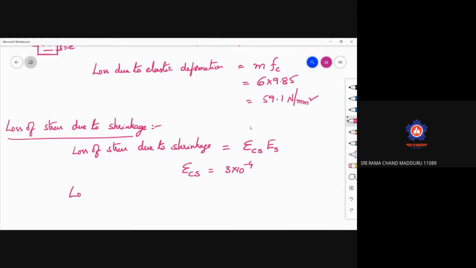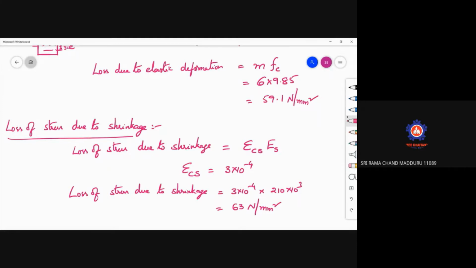So the loss of stress we can calculate directly, as it is given in the problem. So 3 into 10 power minus 4 into 210 into 10 cube, which is 63 Newton per mm square, the loss of stress due to shrinkage.